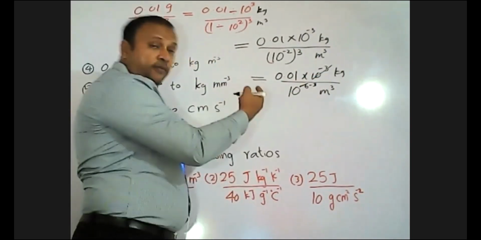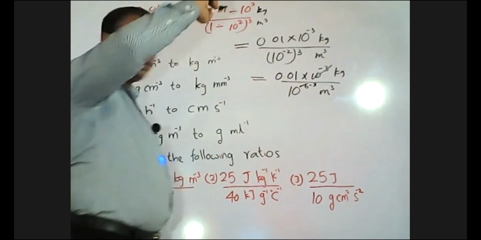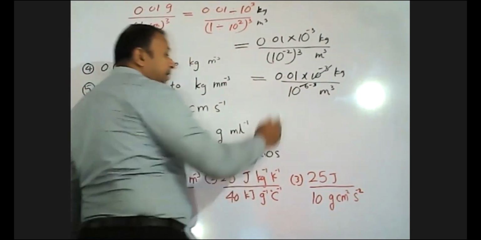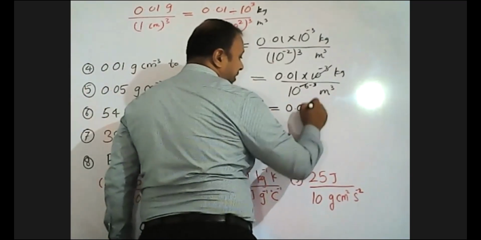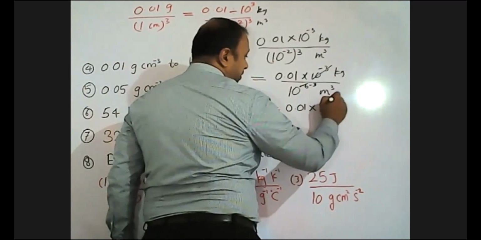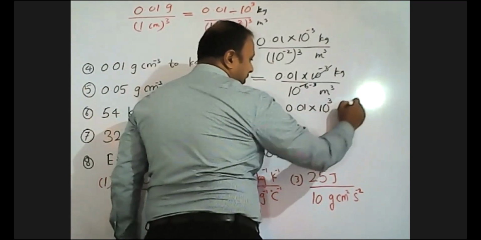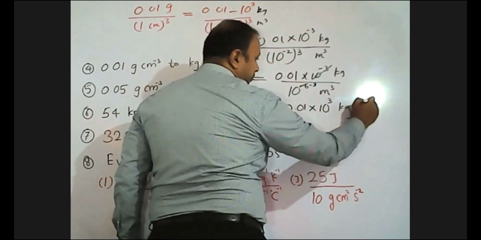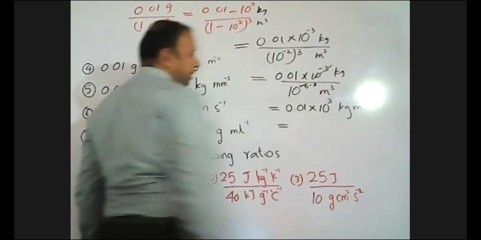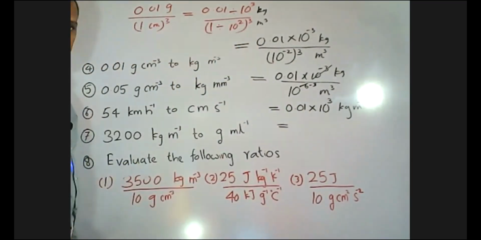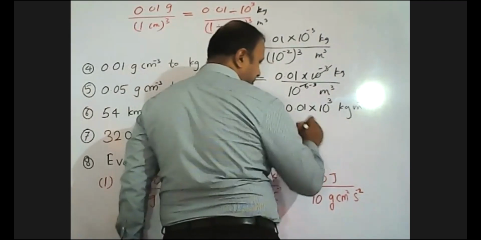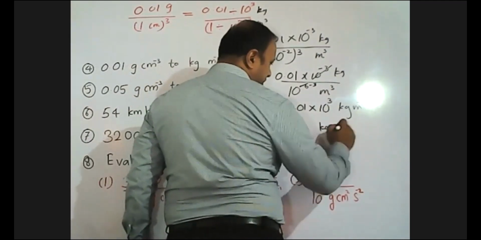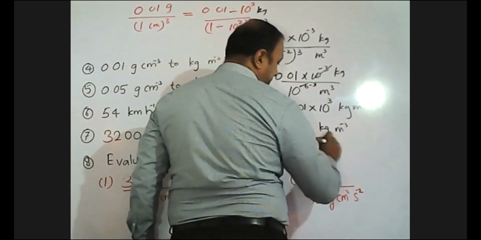If I bring that 10 to the power minus 3 into the numerator, it will become plus 3. So 0.01 into 10 to the power 3 kilogram per cubic meter. That means 10 kg per cubic meter.